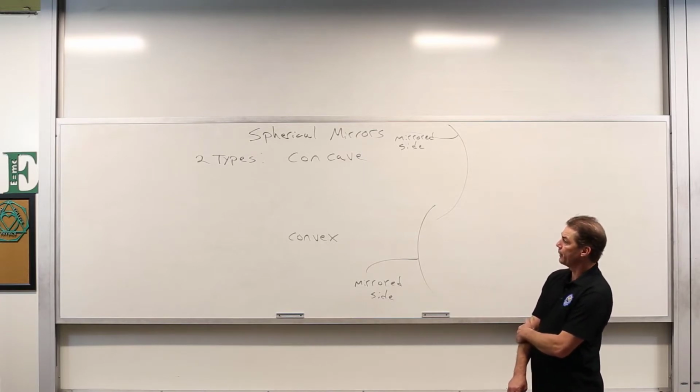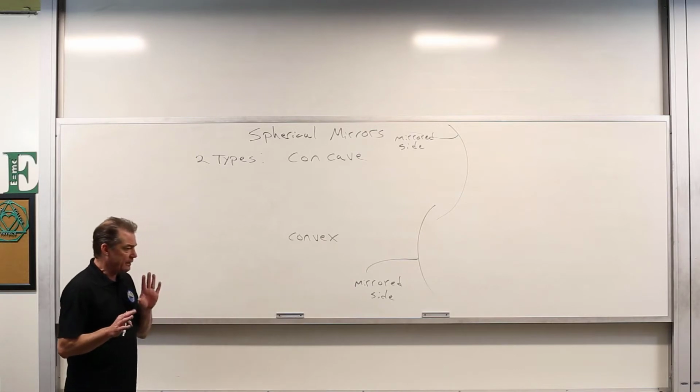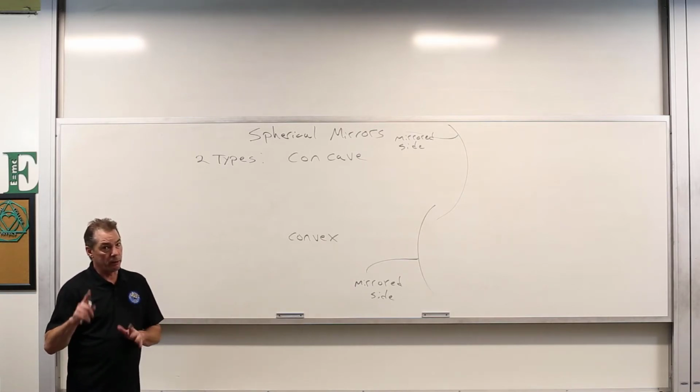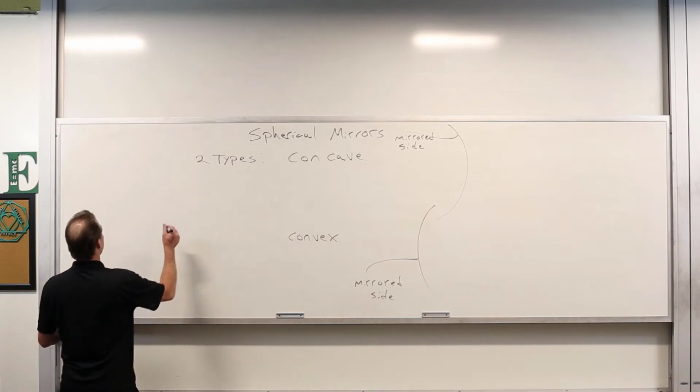How about this? So there's a specific line or ray that's really important. We're going to look at that right now. There's a couple of them. This one happens to be pretty important.